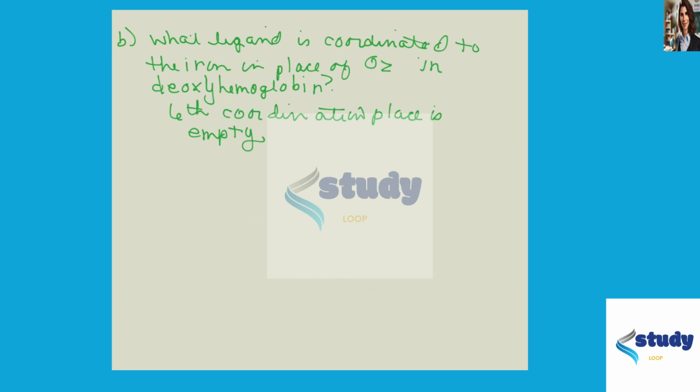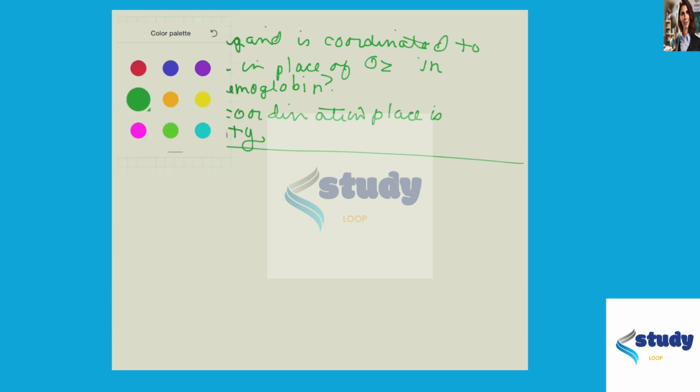Part C. Explain in a general way why the two forms of hemoglobin have different colors.